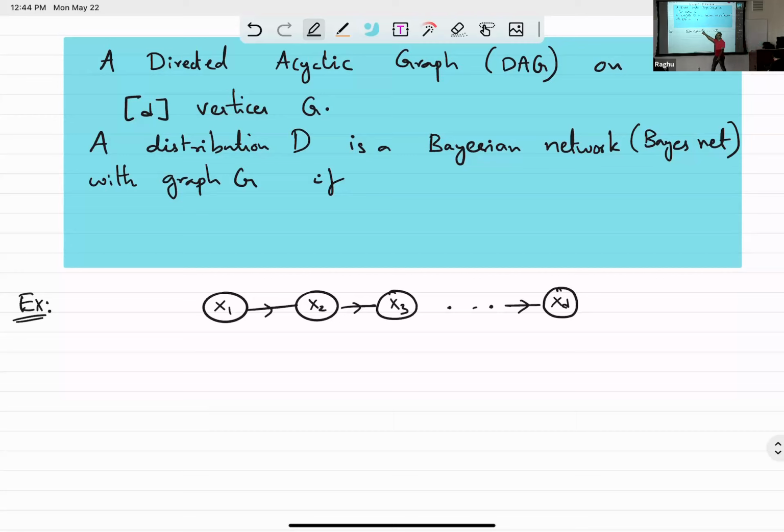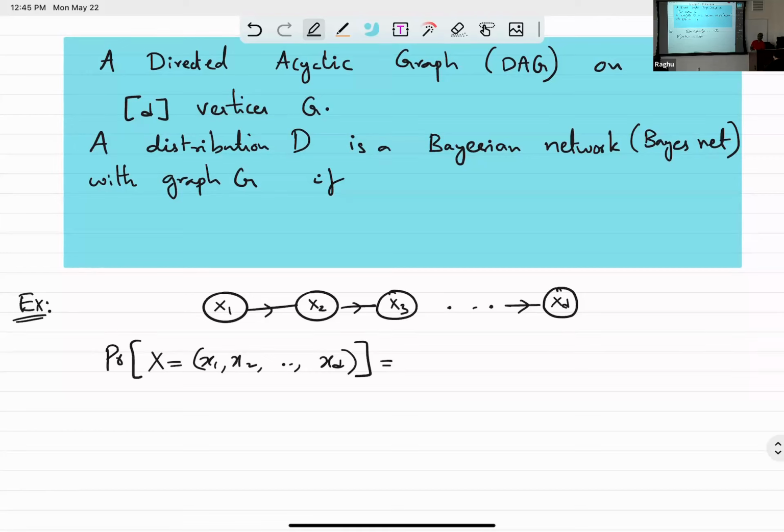And what's the formula for the joint distribution of this? Can I write it in some succinct, seemingly simpler way? Can I break up this giant distribution into smaller pieces? As a quantification of probabilities.